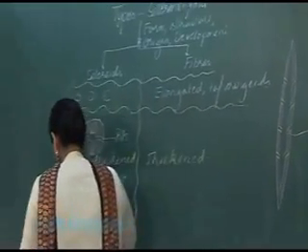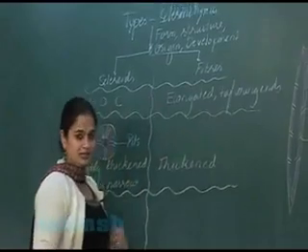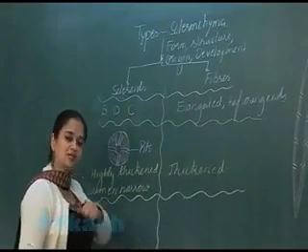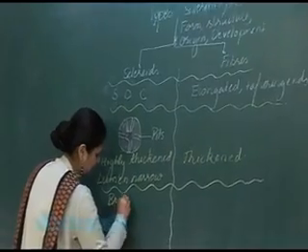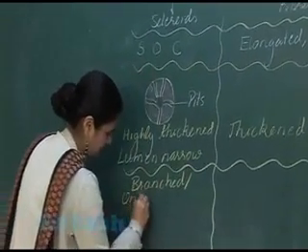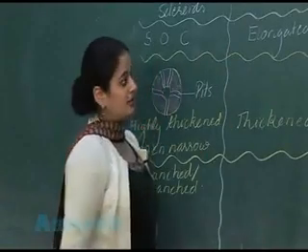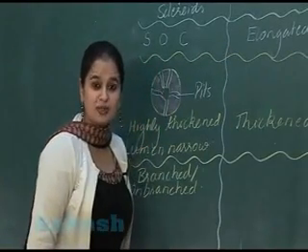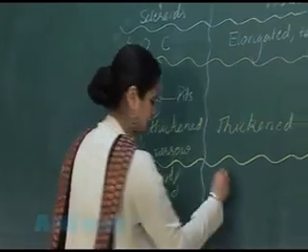Now the next difference: sclereids can be branched or unbranched. Both conditions can be there. Can you guess about the fibers? Always and always unbranched.